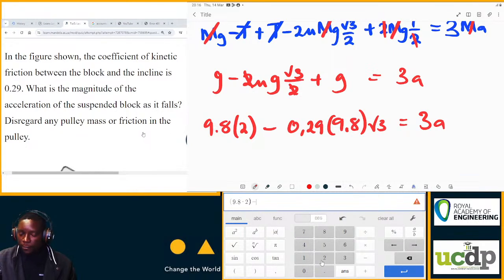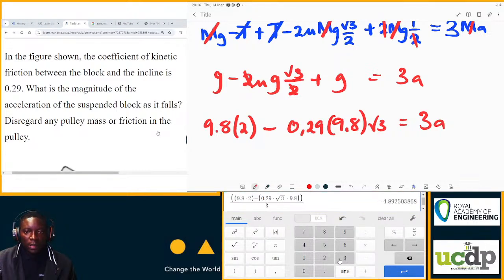Subtract root 3 times 9.8 times 0.29. So open bracket, 0.29 multiplied by the square root of 3, then go out of that root sign and multiply by 9.8. That's enough. Close that. Then divide everything by 3.